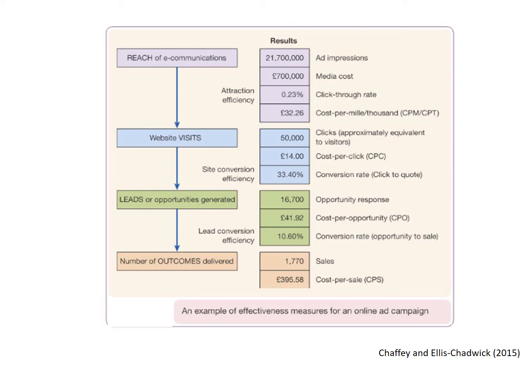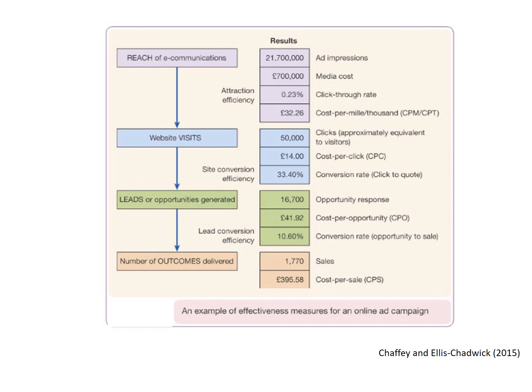And from those 50,000 clicks, you're getting a conversion rate to opportunity generated of 33%, which represents 16,700. And that 16,700 is an opportunity response. So the cost per opportunity is obviously going to be £41.92. So £41.92 times the 16,700 would give you £700,000.